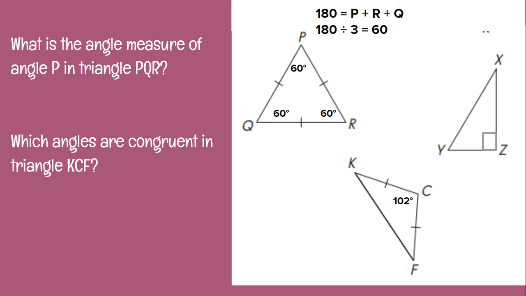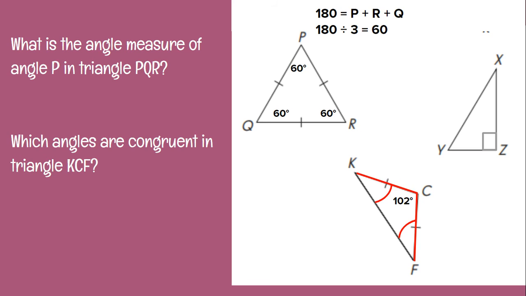So we have to use both capital letters. So since side KC is congruent to side CF, where those two congruent sides meet is the angle that is not going to be equal. So that means that angle K and angle F are the congruent angles.